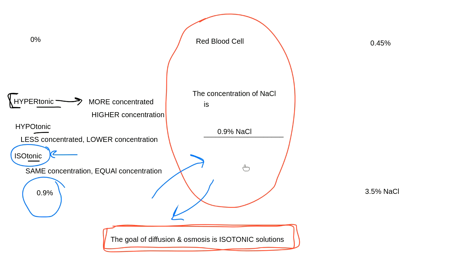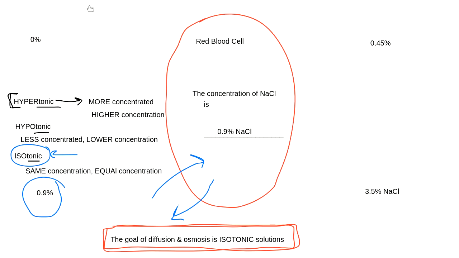We're happy here. Now let's go over here to 0.45%. I know it's not a math class, right? We're not in math, but help me out here. This number over here, 0.45%, is this higher or lower than what I have going on inside the cell? Yeah, it's a lower concentration, right?